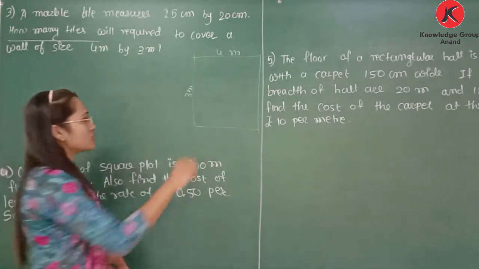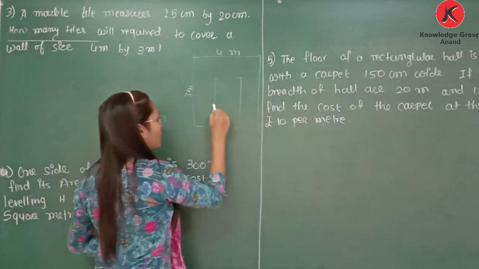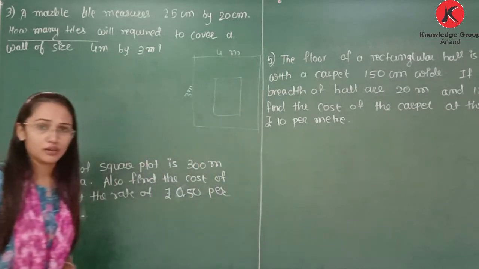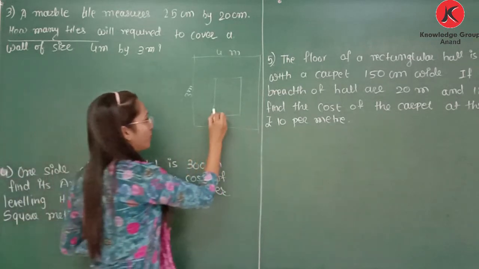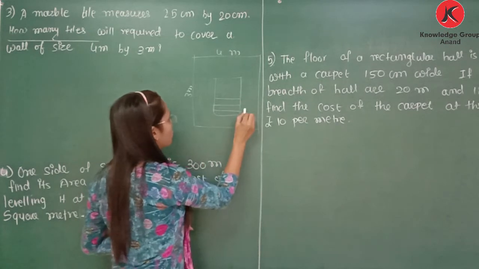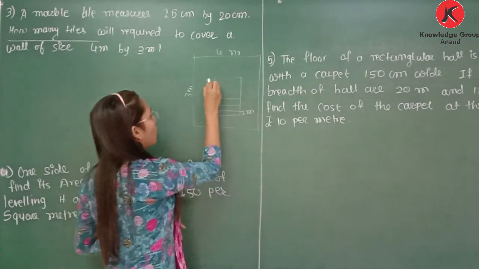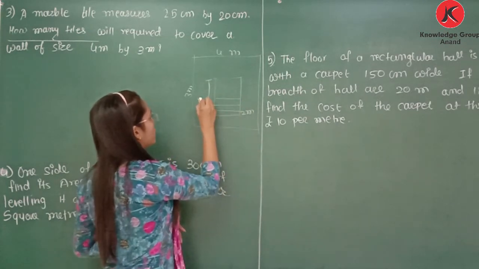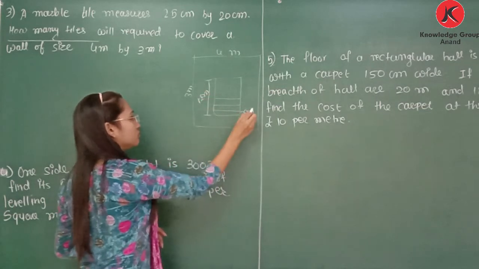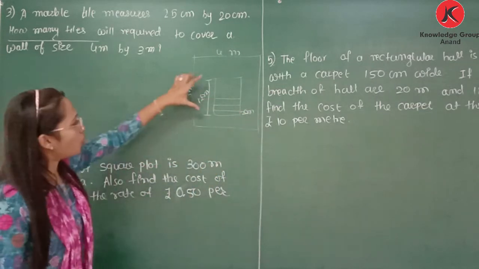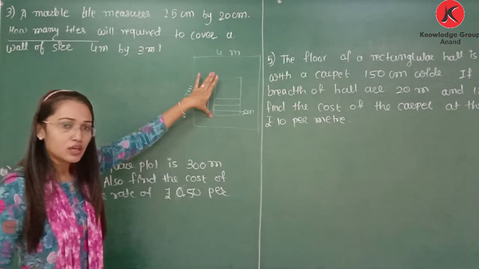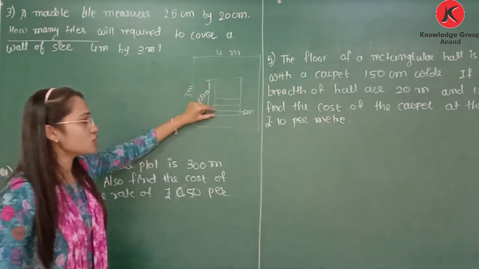Clear? So let's consider one example here. One box is there. In that we need to place some biscuits. The whole length of the box is, let's say, 12 centimeter. One biscuit's length is 2 centimeter.